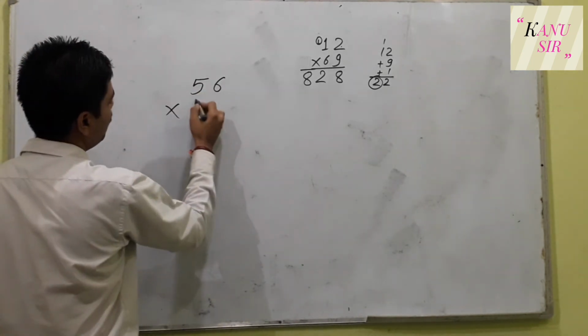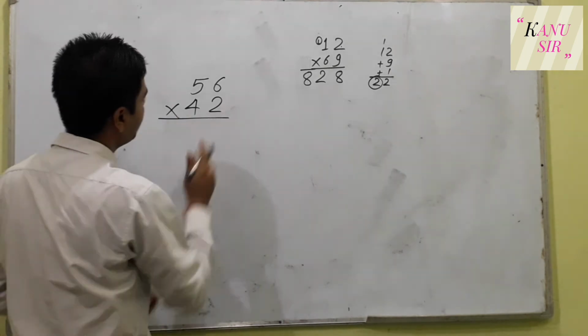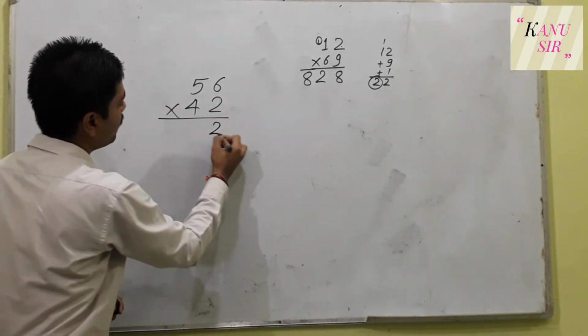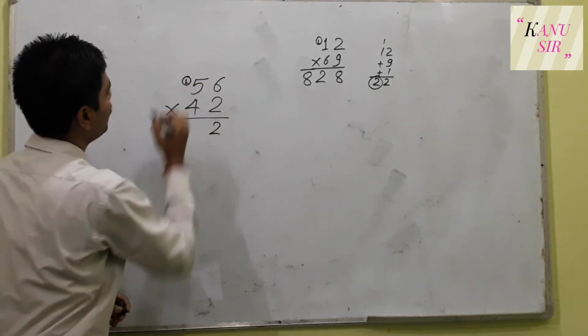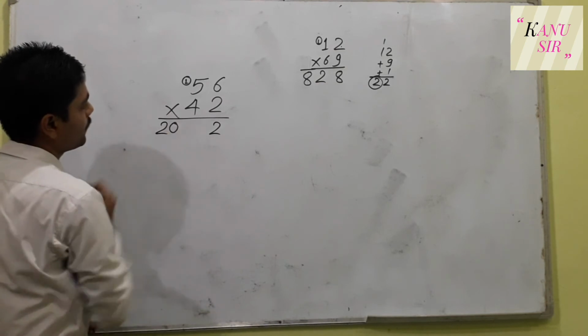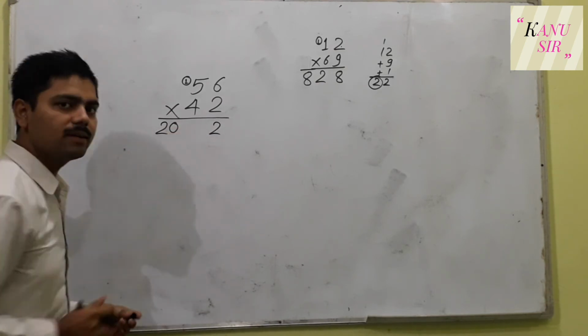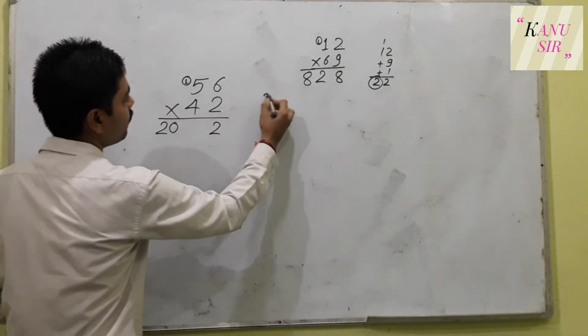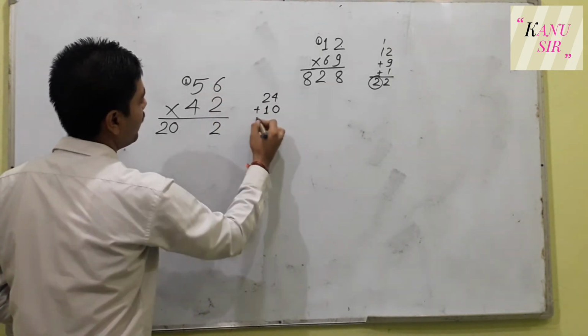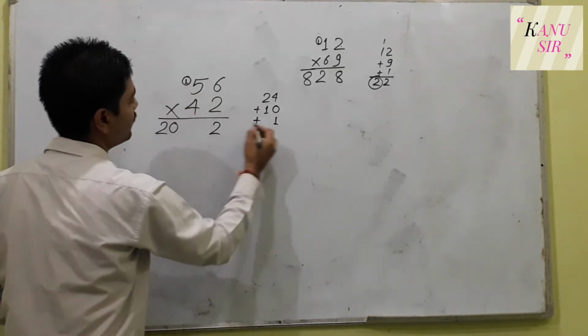56 times 42, a little bit bigger numbers. So 6 times 2 is 12 and 1 comes to the 5, and 5 times 4 is 20. Now we have to find the missing digit. 4 times 6 is 24, plus 5 times 2 then 10, and plus 1 this digit.